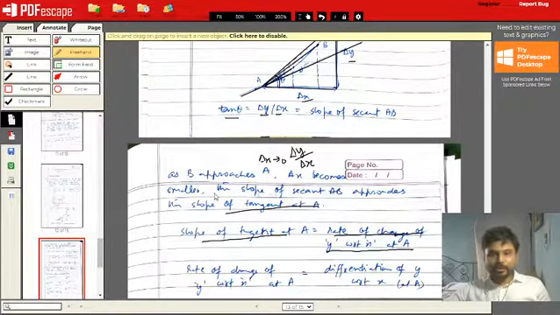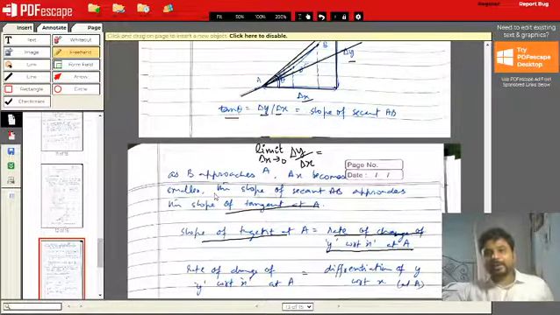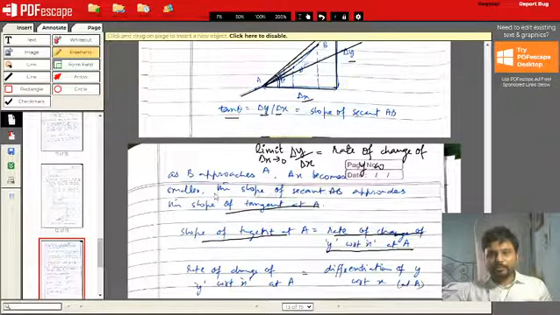So we put a limit sign on top of it. Limit delta x is becoming very small. So as delta x is becoming very small, this delta y by delta x itself becomes the rate of change of y with respect to x at the point which we have taken.